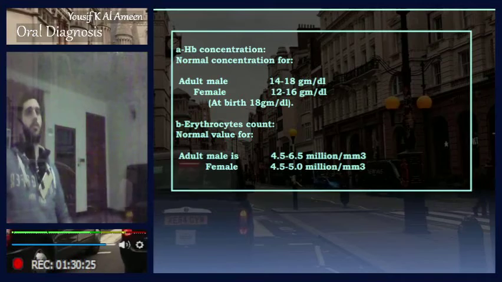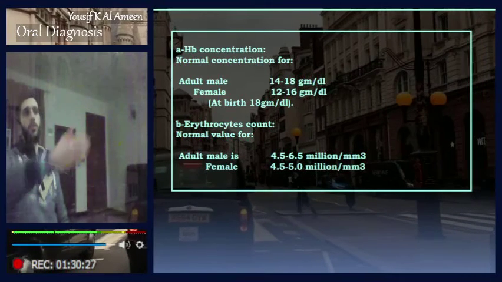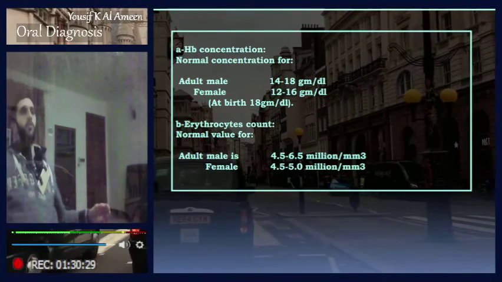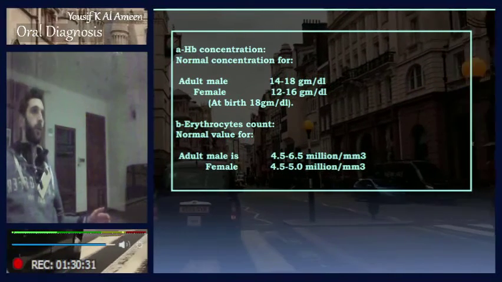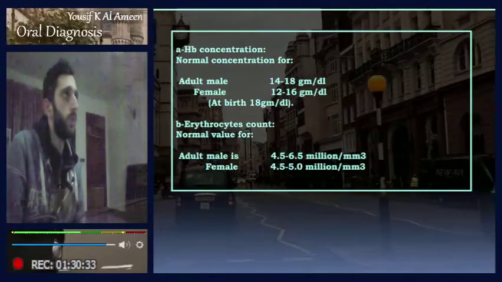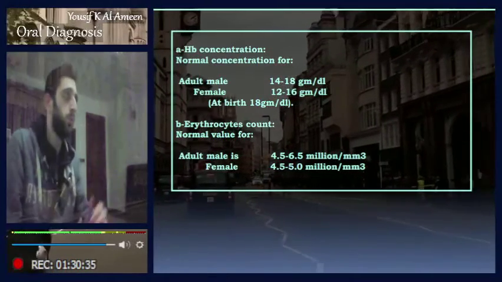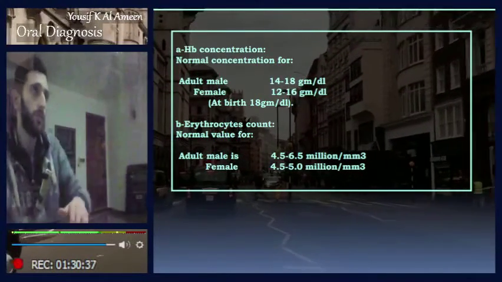Hemoglobin concentration: normal concentration for adult male is 14 to 18, and female 12 to 16, at birth 18.